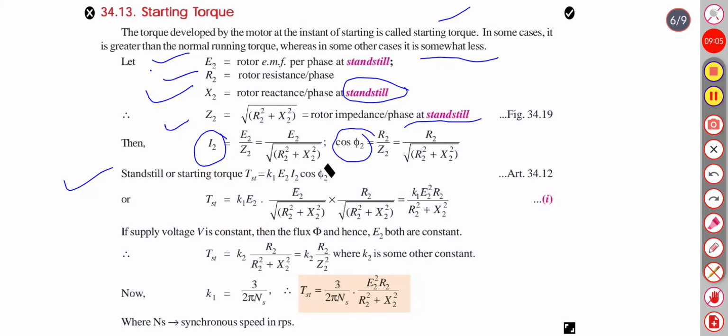At standstill, the starting torque can be written as K1 E2 I2 cos phi 2. Putting the values of I2 and cos phi 2 here, we will get K1 E2 square R2 by R2 square plus X2 square.